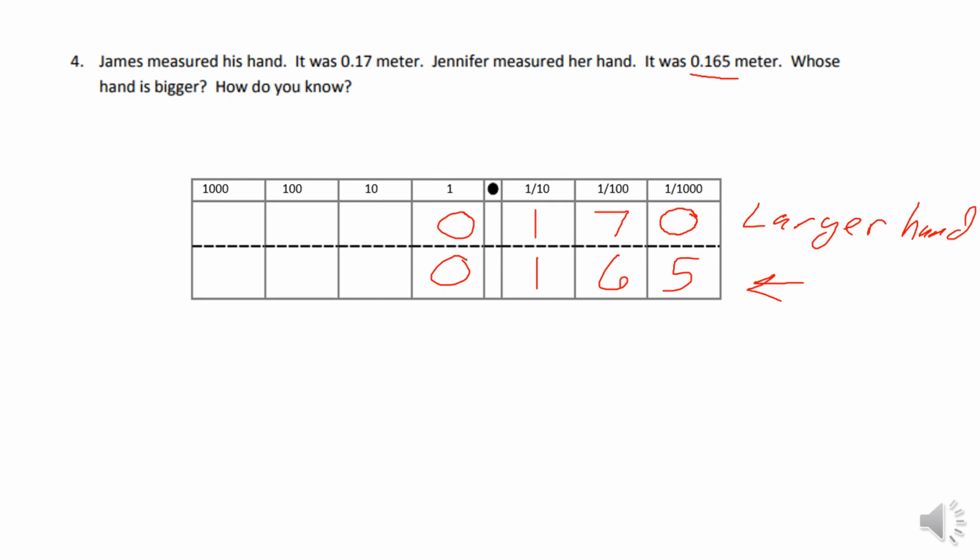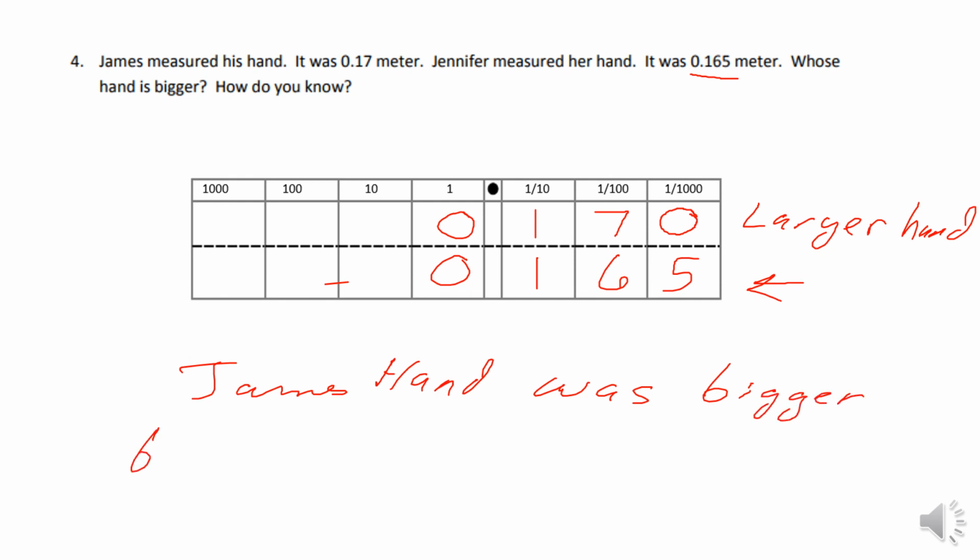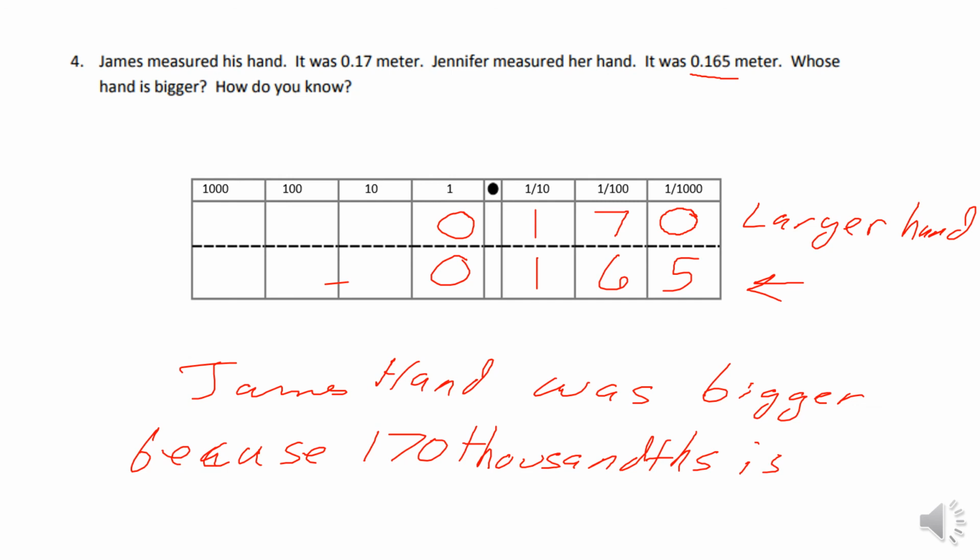So, we know that James's hand was bigger because 170 thousandths is larger than 165 thousandths.